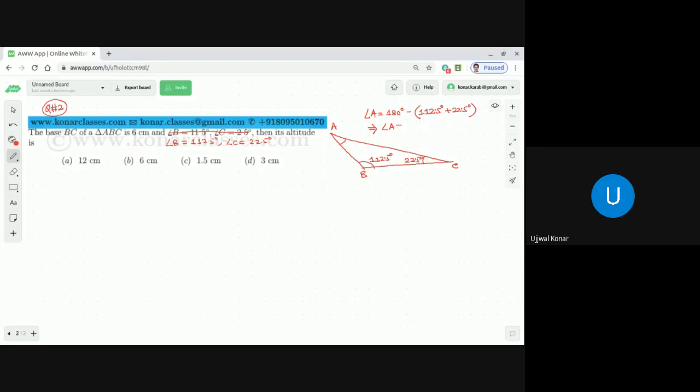So anyway, you will get angle A equal to 45 degree.